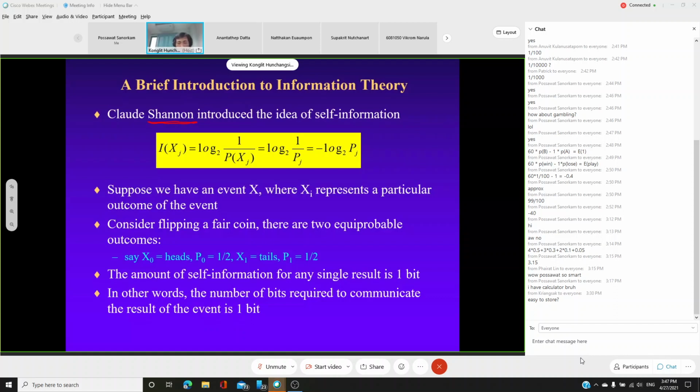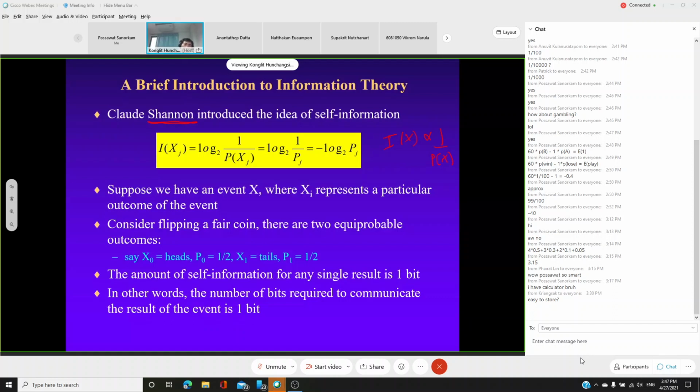And he said that the information is going to be inversely proportional to the probability of that event. What does that mean? Think of it like this.